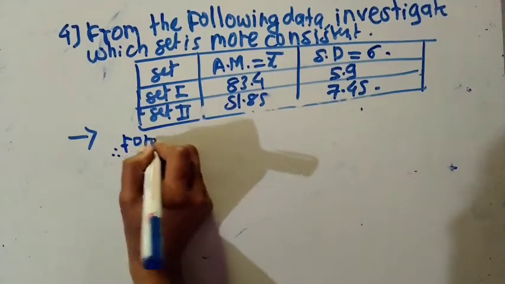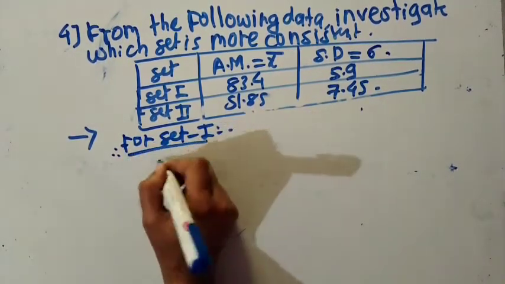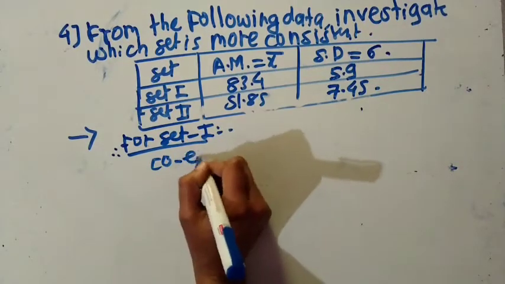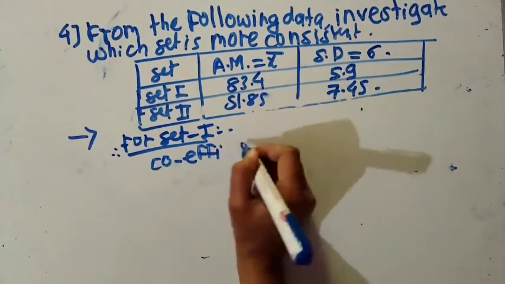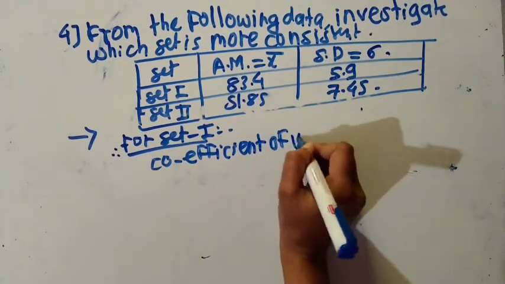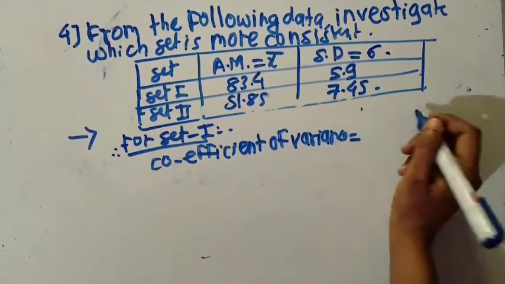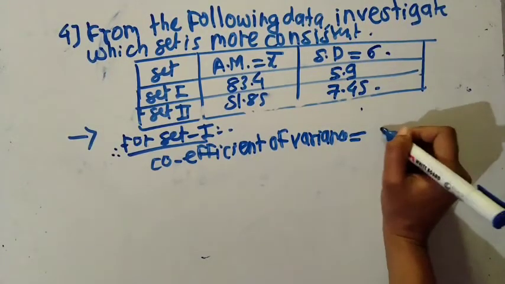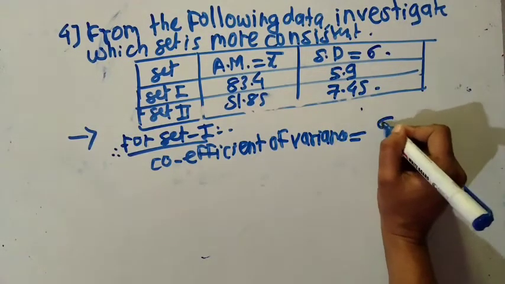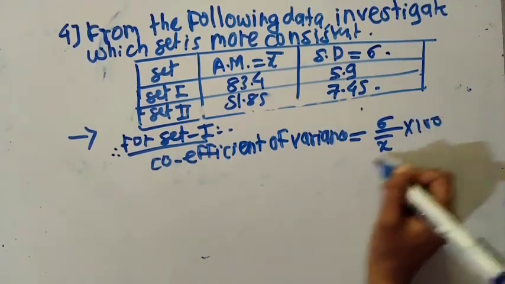Then first find out for set 1, coefficient of variance is equal to standard deviation sigma upon x bar into 100.